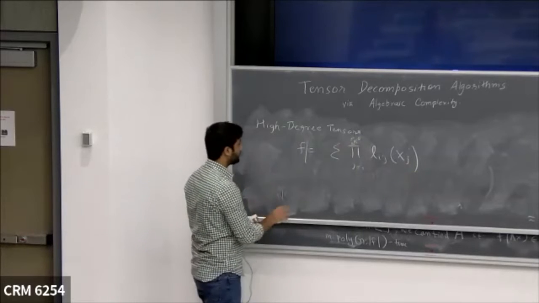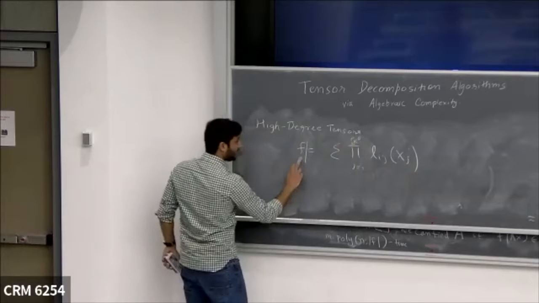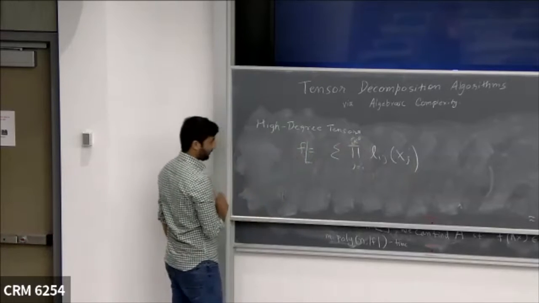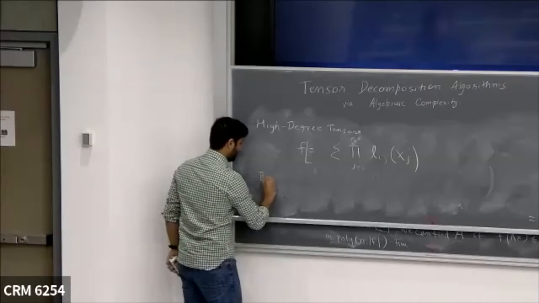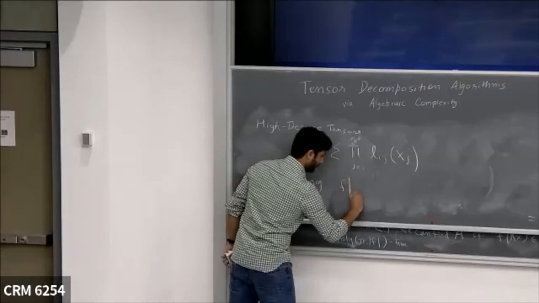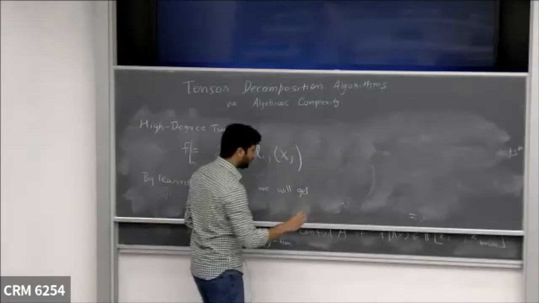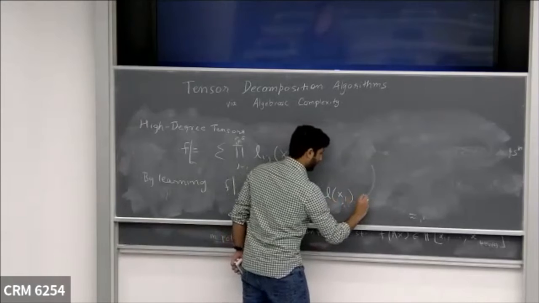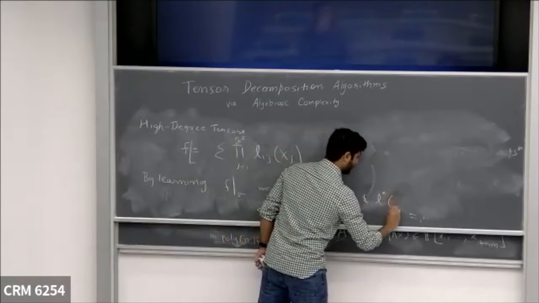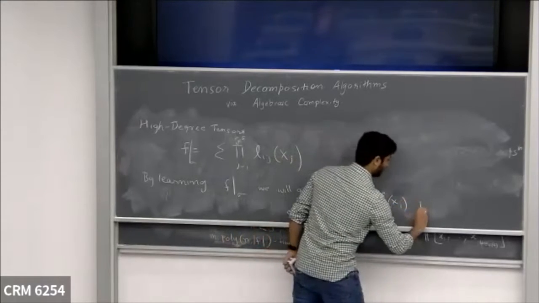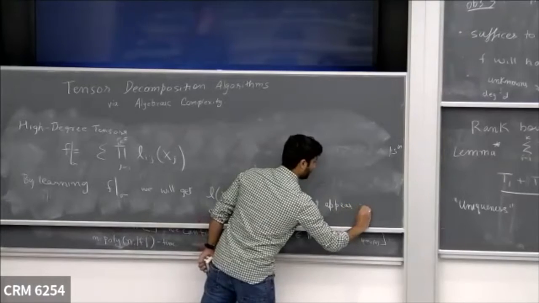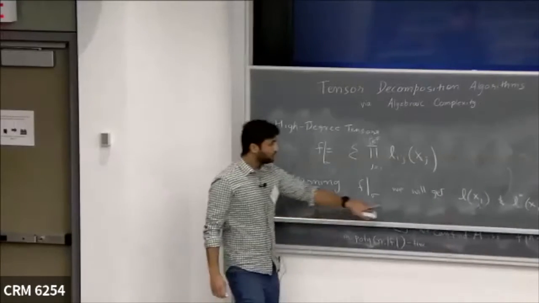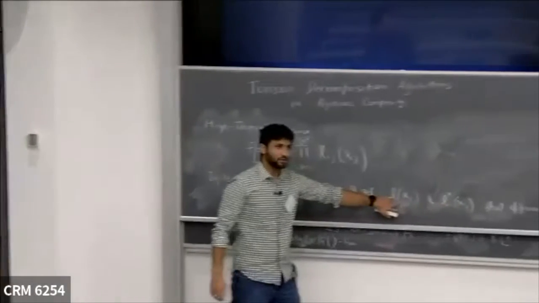So what we get is, by learning the projection of F, by learning F sigma, we will get a lot of things, in particular two linear forms, L x1 and L star x1, that appear in C. C is the original circuit representation of F. So if you know two linear forms, you can just go modulo these linear forms.